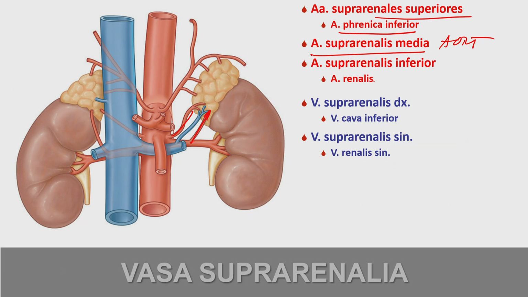And there are two different veins, one on the left, one on the right. On the left, we have the renal vein, and into the renal vein the adrenal gland is drained through the adrenal vein. So on the left, it's not a branch of vena cava. On the right, the drainage is directed to the inferior vena cava.